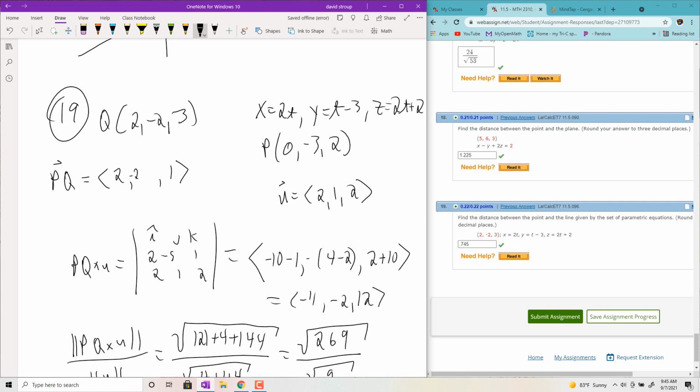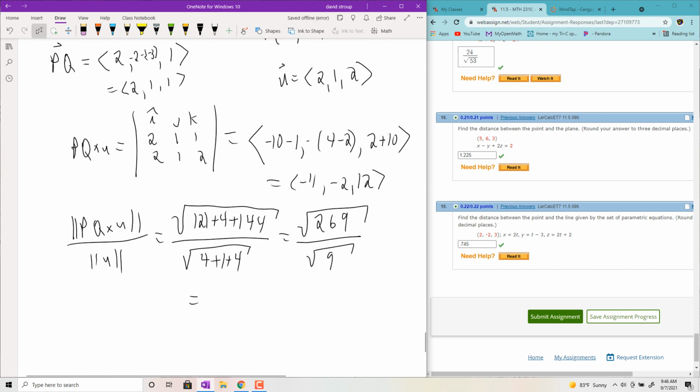And the last one was 3 minus 2, so that would be 2. Negative 2 plus 3 is uno. Okay, so that's going to screw up all this junk. Sorry, folks.